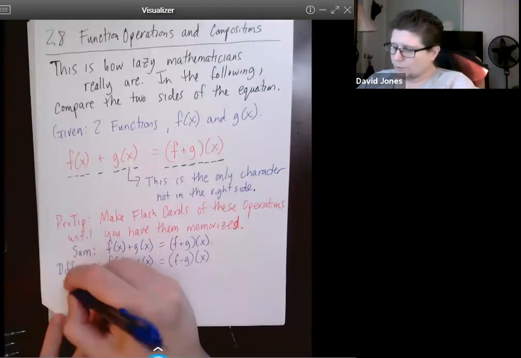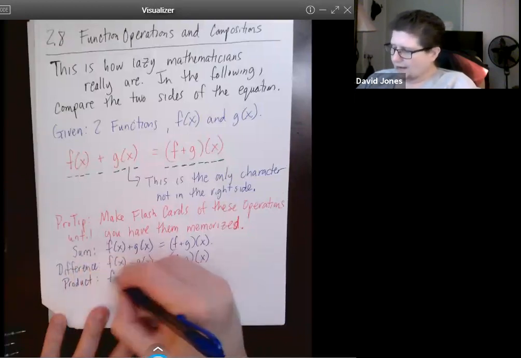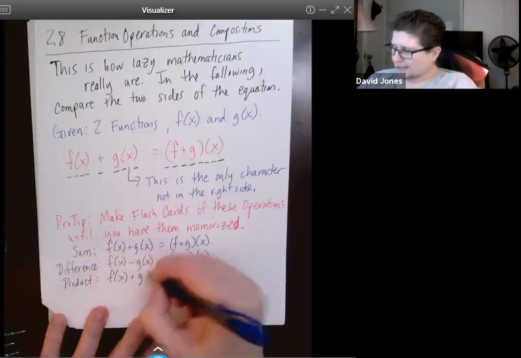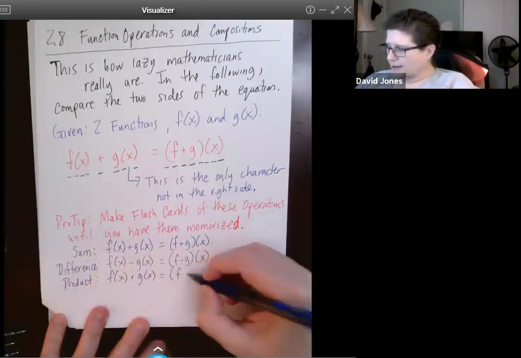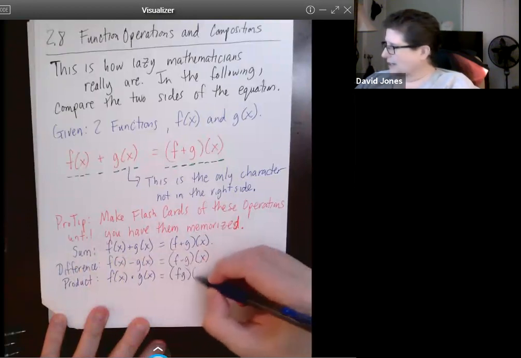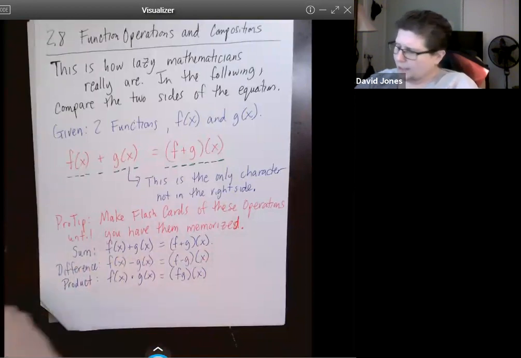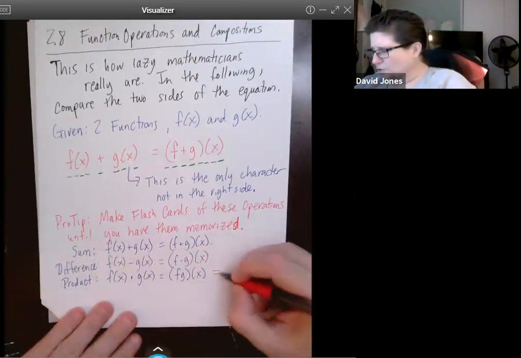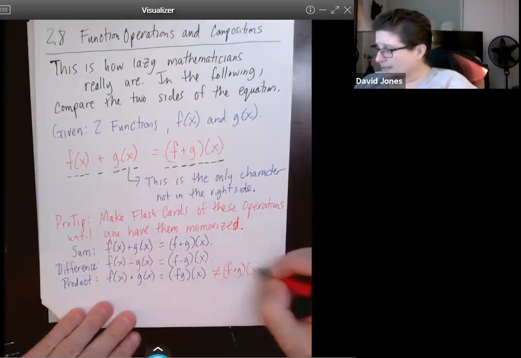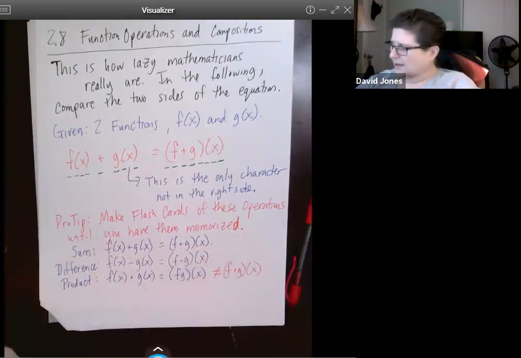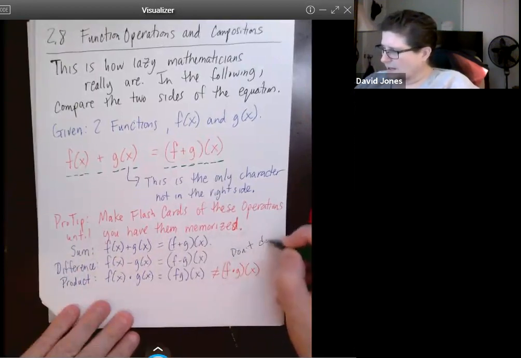On the product or multiplication, we have f of x times g of x. And when we do it here, we put fg of x. I am going to point out, don't do f dot g of x. Don't do this one.